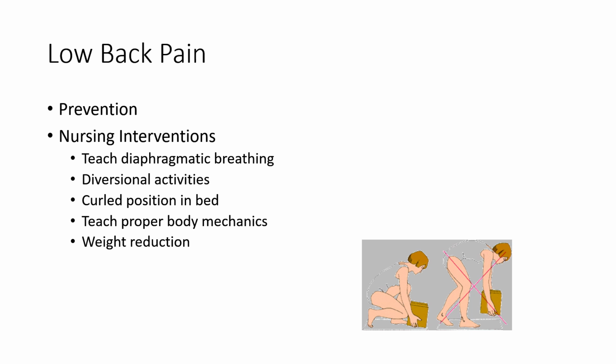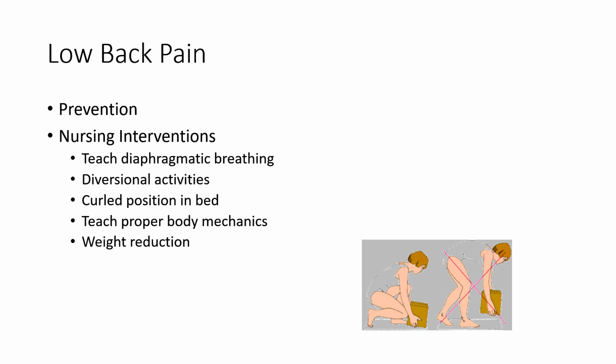We want to teach them how to lift, with their legs rather than their back. And we want to teach them weight reduction. Even a 10% weight reduction can help their pain.